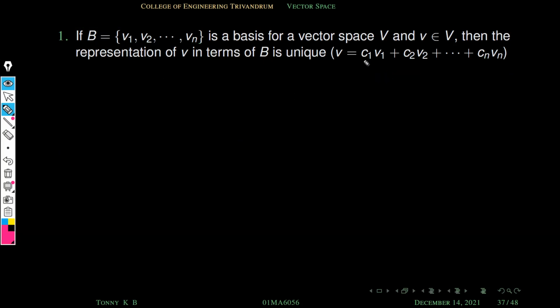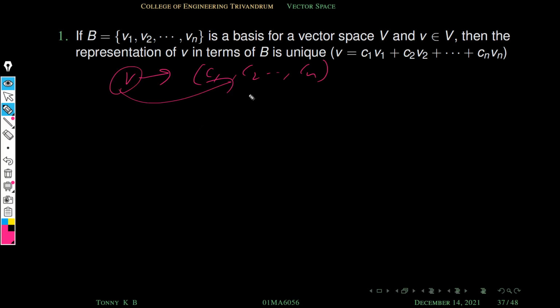Okay, what is the advantage of this problem? You can convert every vector in terms of numbers. That means corresponding to every vector, you can find a set of numbers. You got it? That means whatever the vector space may be, the set of all signals or sound signals, or some higher dimension or matrices, always we can represent every vector in terms of numbers.